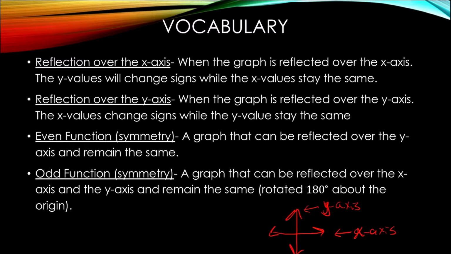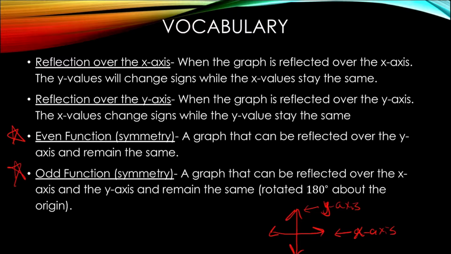So the y values will change signs, but the x values stay the same. If I reflect over the y-axis, the x values change signs, and the y values stay the same, so I'm reflecting over that up and down axis.